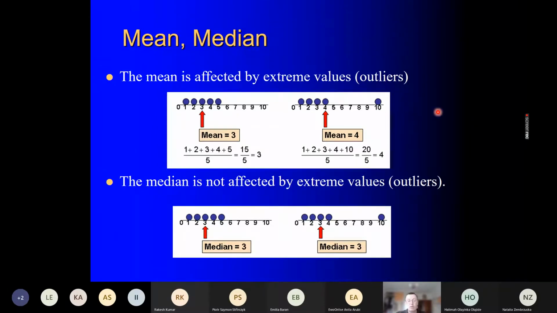And here is an example of how easily, for example, the mean could be affected by outliers. We have 2 samples of the same size, but only one has a value which is significantly different from the others. So the mean immediately changes. In contrast, the median does not change, and the midpoint of the data set remains in the same place.